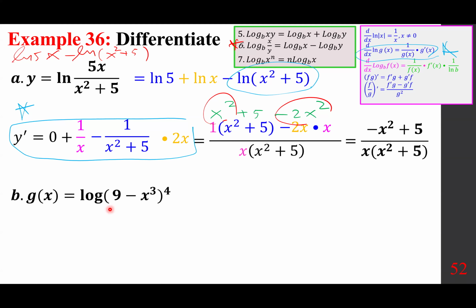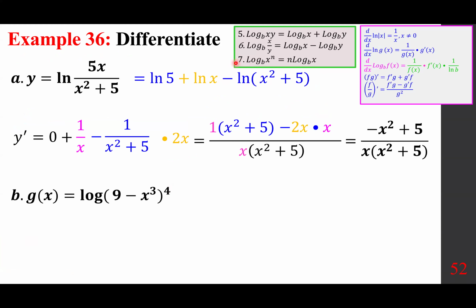The next one, g of x is log of 9 minus x cubed to the power of 4. So what do we do now? Again, I highly recommend you simplify the log, which simply put means decompose the log completely, which means in this case, I'm going to use, let me erase my work, number 7, everybody.